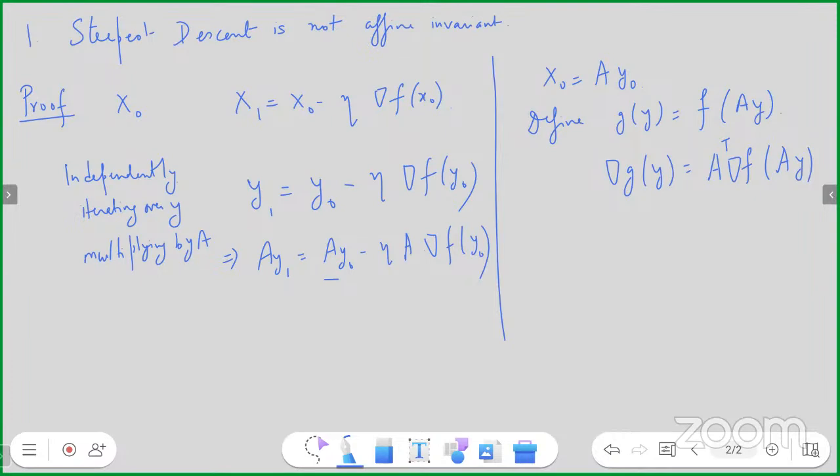Now, what is this? I should say that this is equal to x. What is this quantity compared to this quantity? But this is y0, and y0 is equal to A del f A inverse.